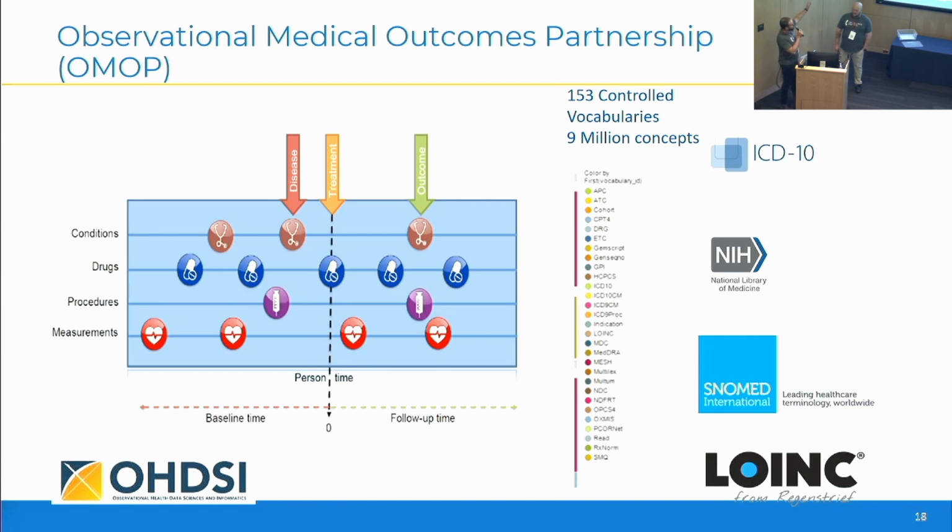So that can look like across time, all of the measurements that were taken, all of the different procedures that the patient may have underwent, the drugs that they were administered, and then the conditions that were either pre-identified prior to the visit that we're talking about or are identified during the specific visit. And that can include not just the comorbidities, but the specific disease that they've been diagnosed with that is the focus of their healthcare interaction, and then the outcome that may or may not have occurred during that time.